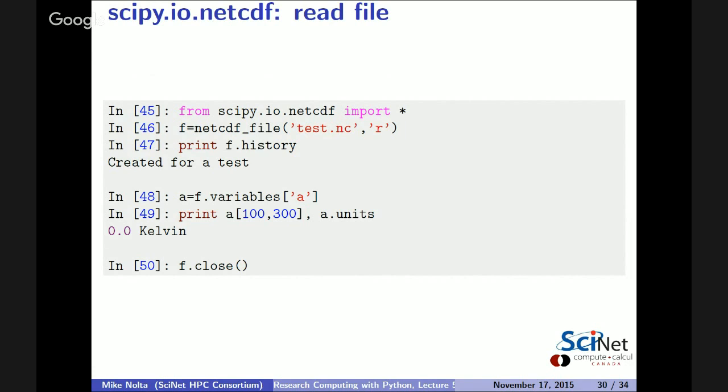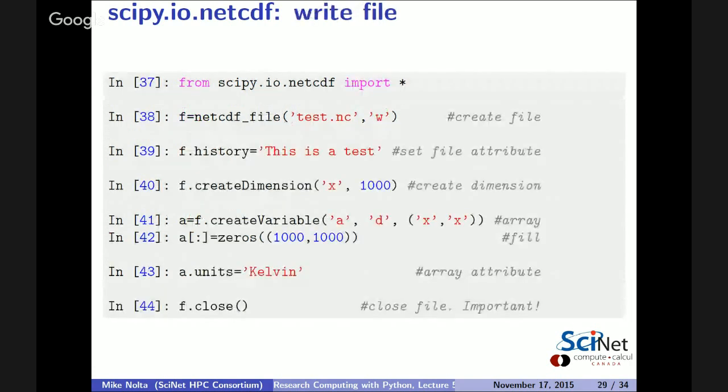Is there a function for converting it to a Numpy array? You can do this. That's what this is doing here: A, colon. So if you look at the type of A, it'll be a NetCDF handle, but the type of A brackets colon will be a Numpy array.